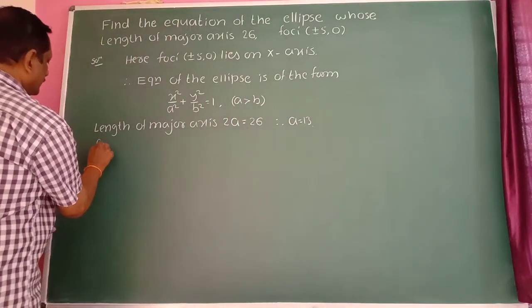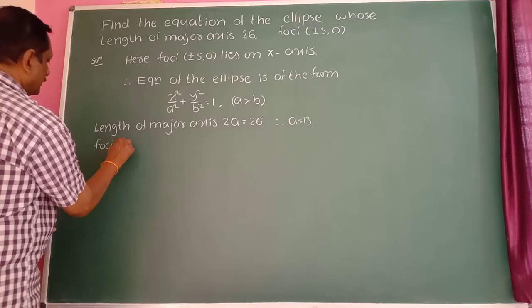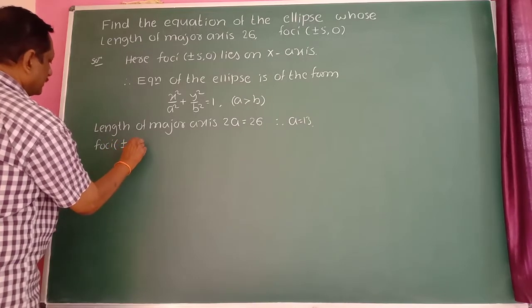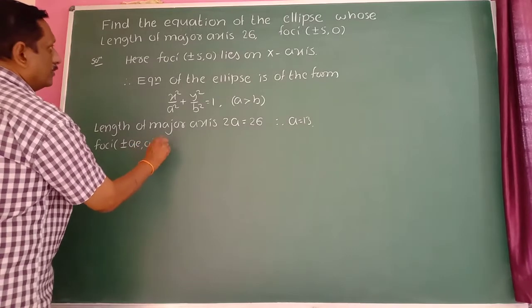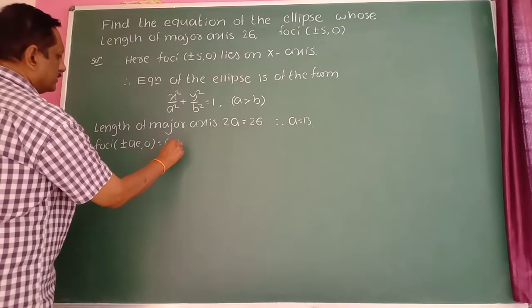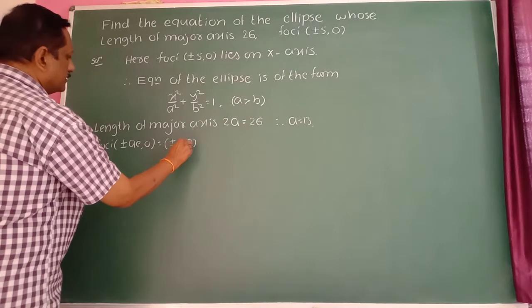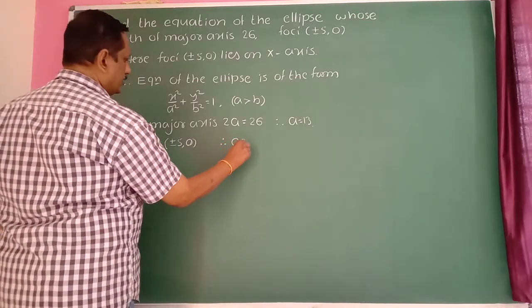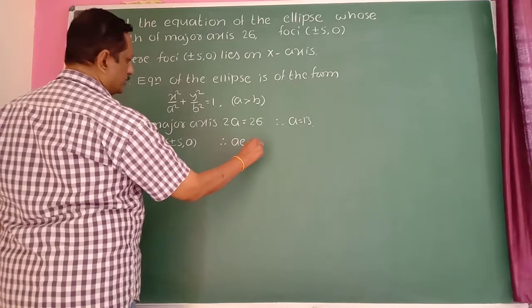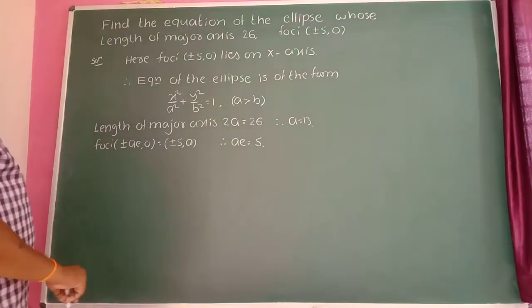And foci plus or minus a comma 0 is equal to plus or minus 5 comma 0. Therefore, a into e is equal to 5.